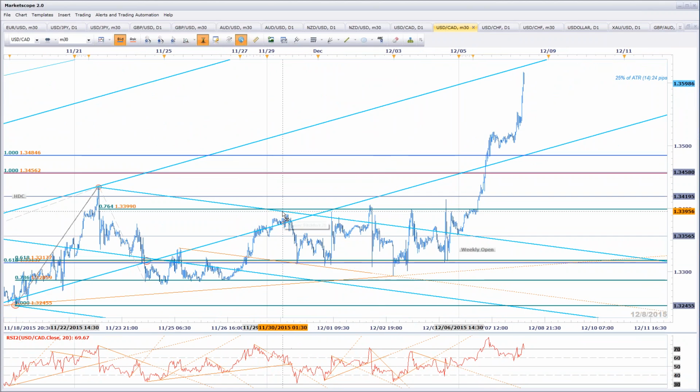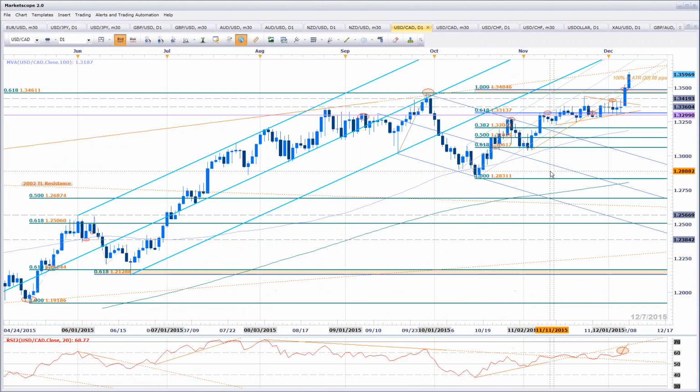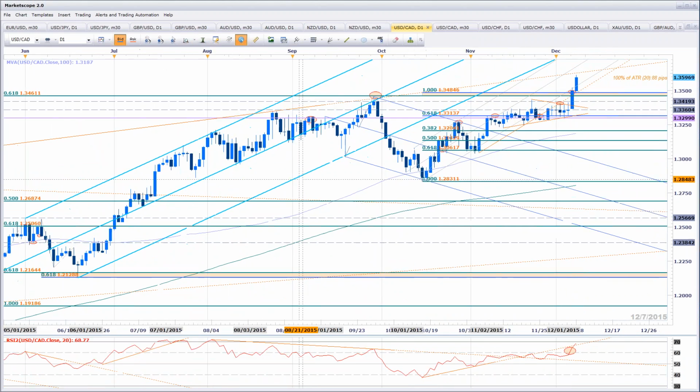Remember that opening range that we talked about last week? We highlighted the scalp setup multiple times. It never broke, despite the fact that Friday's NFP was a double whammy. You had really weak CAD data and really strong US data. Still wasn't able to break the range. It broke actually at the start of this week.